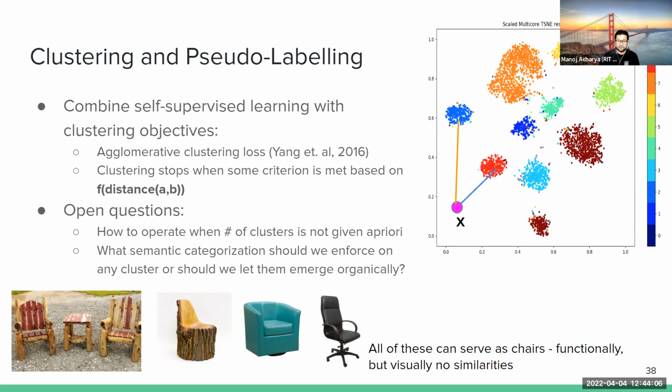Or should we let them emerge organically? What I mean by that is that all of these images refer to chairs, right? Functionally, they can serve the purpose of being a chair, but visually they are not similar. And since our model is operating in a visual world, how do you enforce such semantic categorization? It is also going to be a very interesting question that we might need to explore.